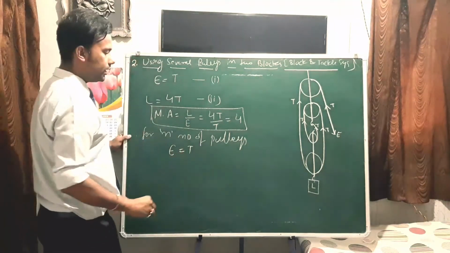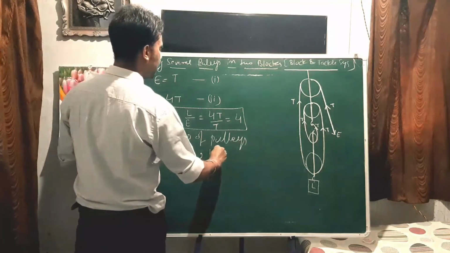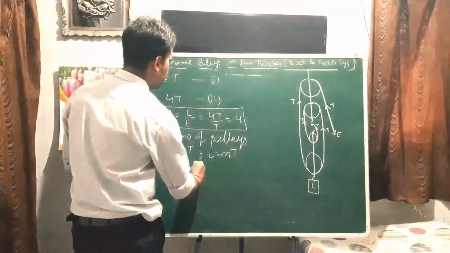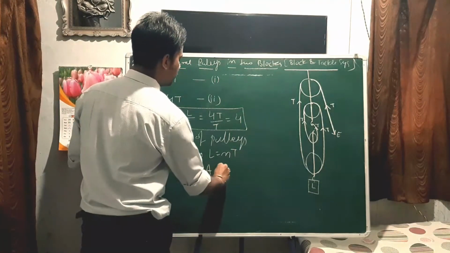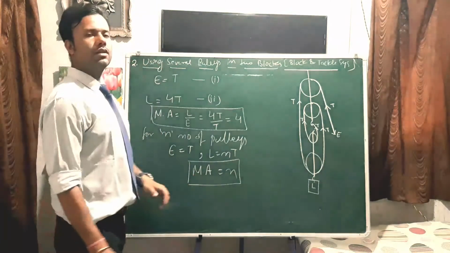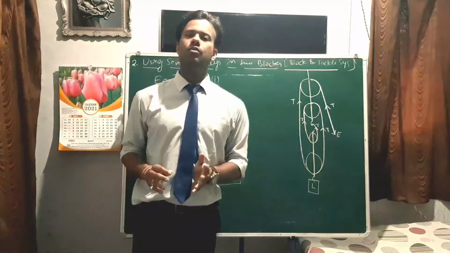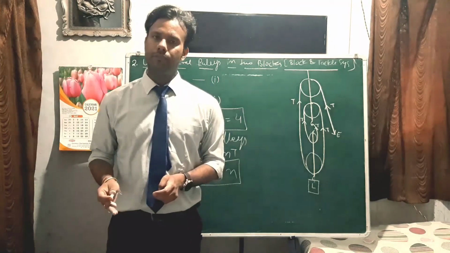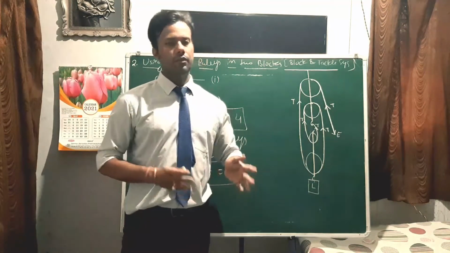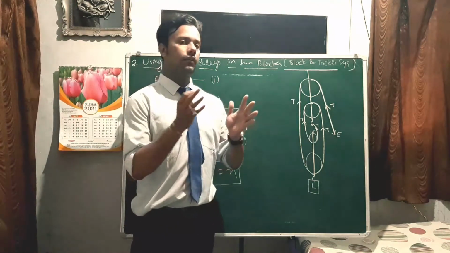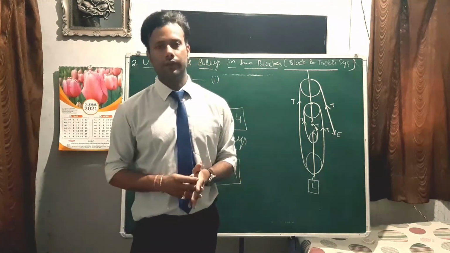E will be T only, but the L will become n into T, which gives you mechanical advantage equal to n. So in such numericals, it's quite easy. Just count the number of pulleys and that will be the mechanical advantage of the system. If there are 4 pulleys, MA will be 4. If there are 3 pulleys, MA will be 3. If there are 5 pulleys, MA will be 5.